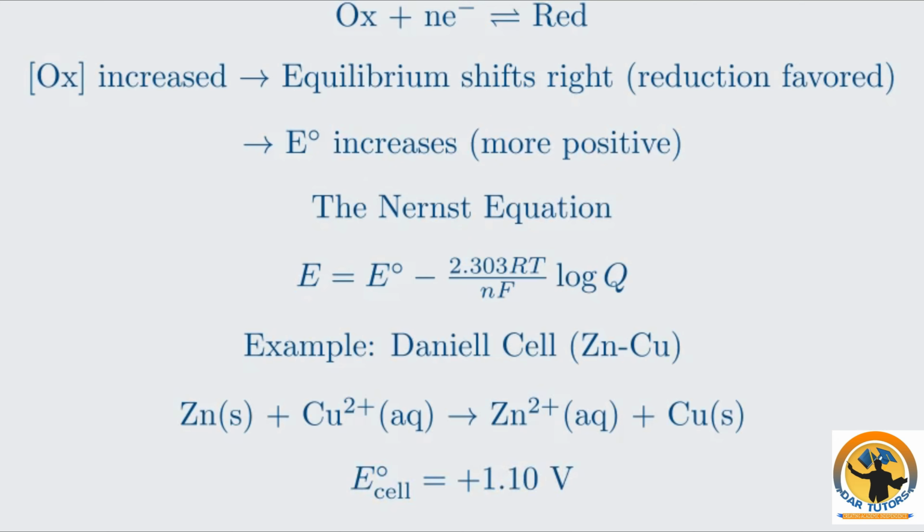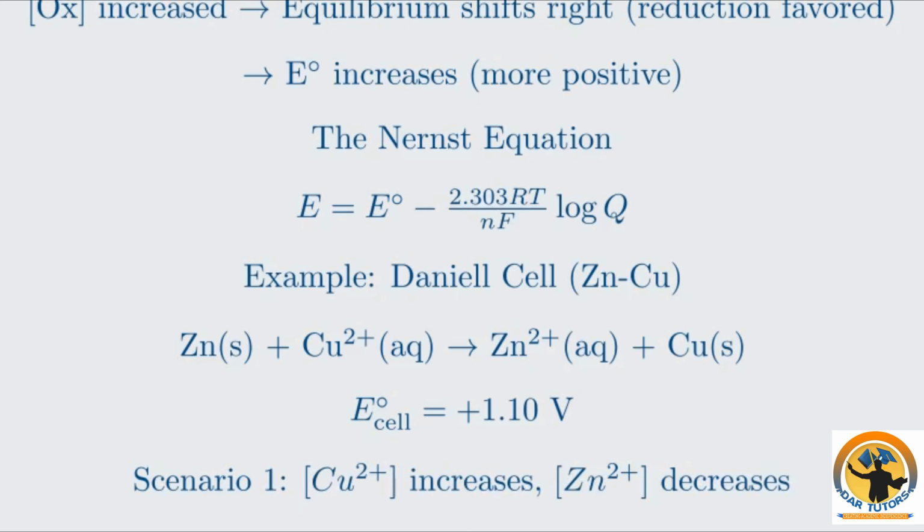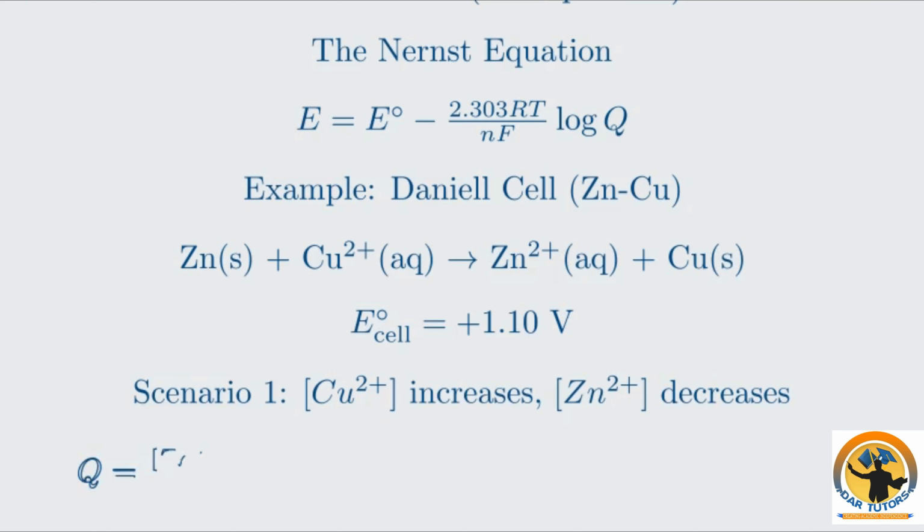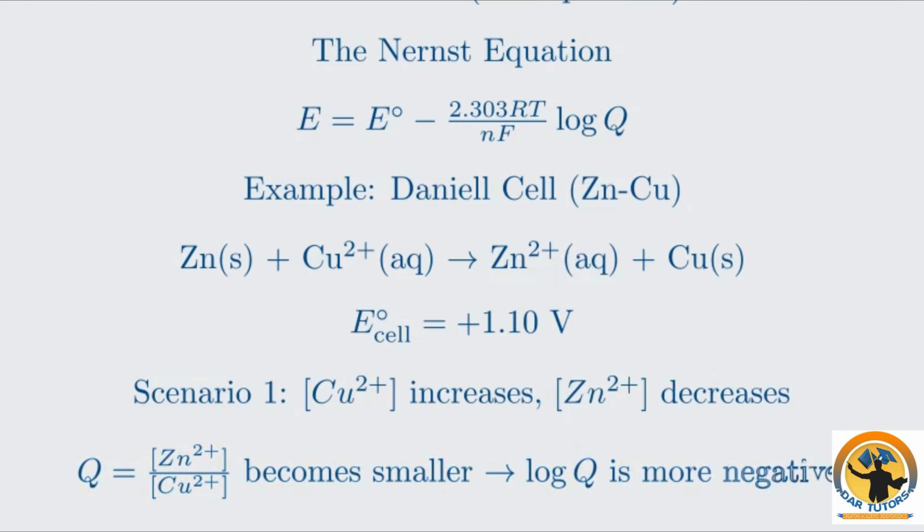Now let's consider what happens if we change the ion concentrations. If the concentration of copper-2 ions is increased and the concentration of zinc-2 ions is decreased, what happens to the potential? The reaction quotient Q, which is Zn2+ over Cu2+, becomes smaller. This makes the log term negative.